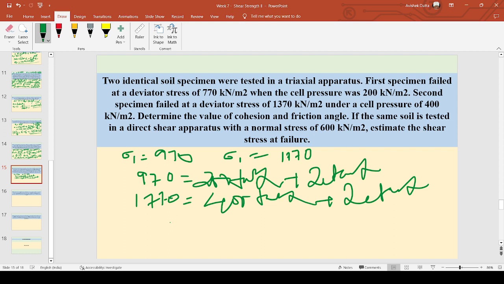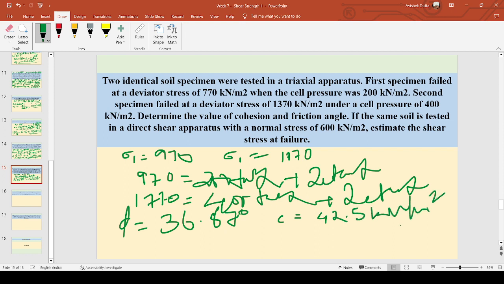First, we get the value of alpha, from which phi. I have shown in the previous questions how to obtain phi using alpha: 36.87 degree, and the value of c we get as 42.5 kilonewton per meter square. Hence, if we use these parameters in the shear box test, tau equals c plus sigma tan phi, and the value of normal stress sigma is 600.